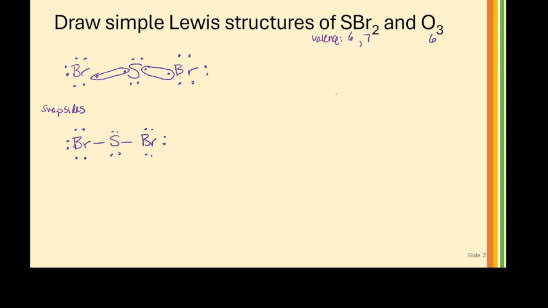Now, when I try to draw a simple Lewis structure using Lewis models of the individual atoms for ozone, O3, I'm going to see that I come into a problem. I'm going to draw three oxygens, each with 6 electrons.